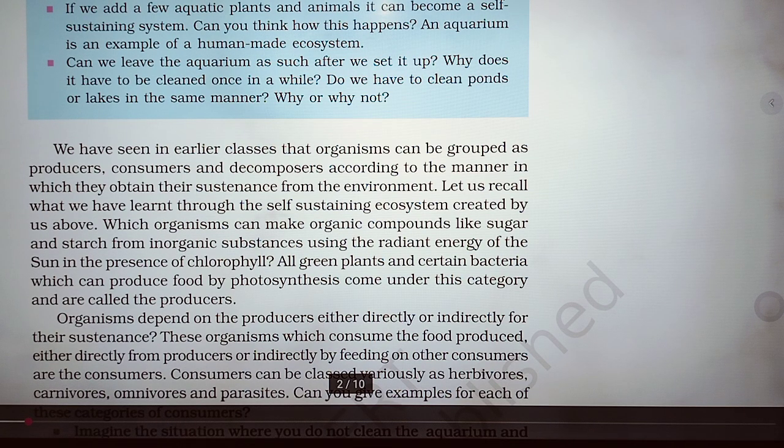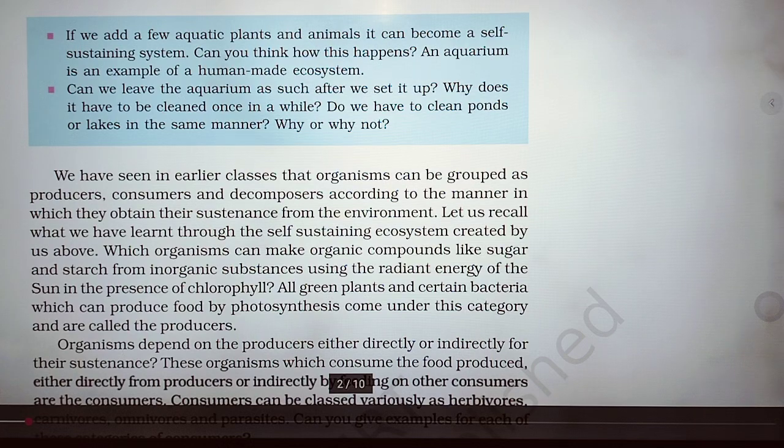According to the manner in which they obtain their substances from the environment.